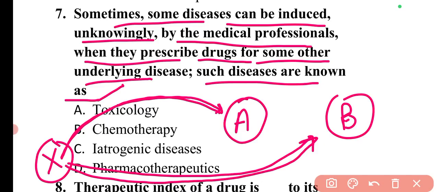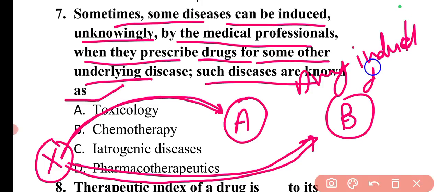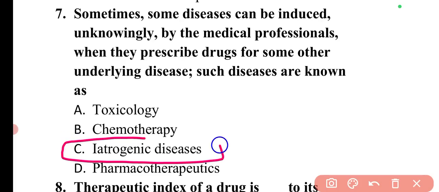So these diseases are known as drug induced diseases, and these drug induced diseases are known as iatrogenic diseases. So here option C will be the correct answer.